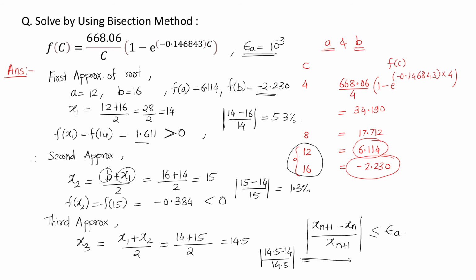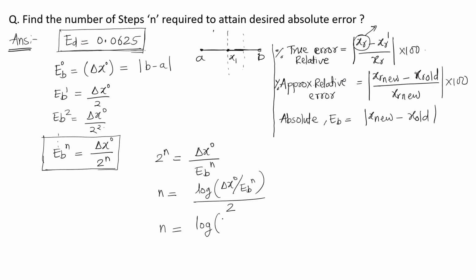So it is 4 divided by 0.0625, and if you calculate it, it comes approximately to 6.